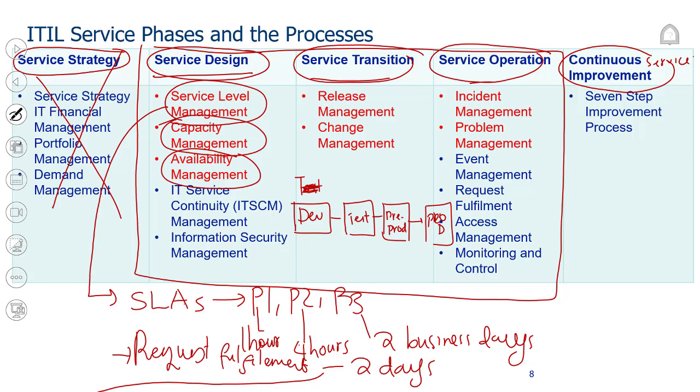So for example, if you're developing software, the developers will be working on the development environment. That is where they'll be building and writing the code. Okay? Then once they finish writing the code, the developers don't do the testing. They would push it to the test environment.